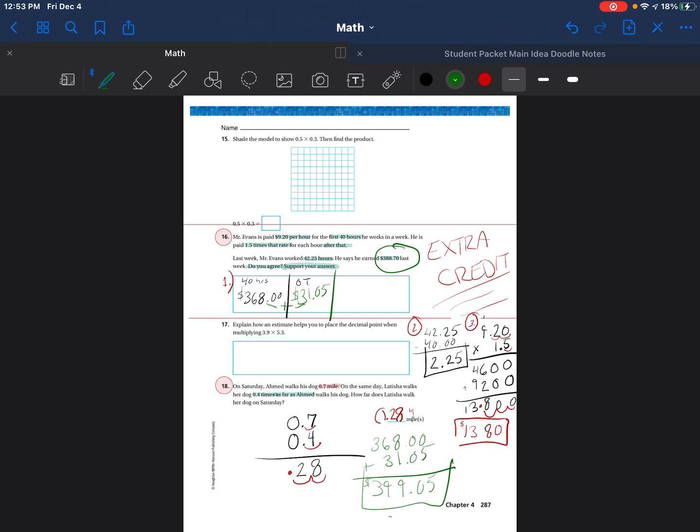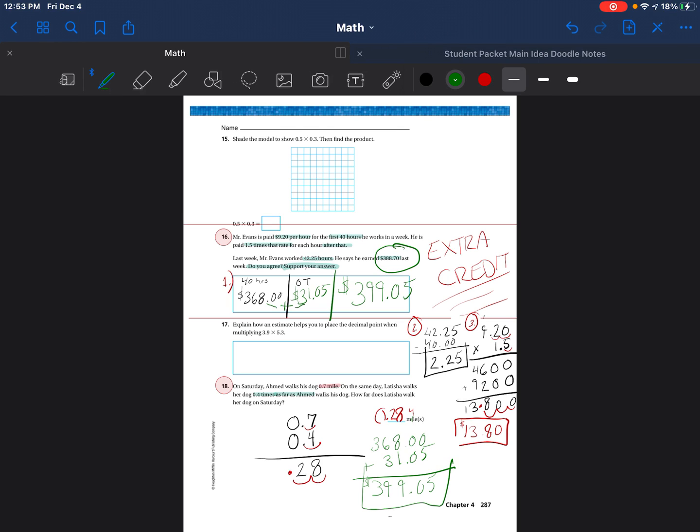So you would have to support your answer and give a good explanation on that. You could just simply say, I disagree. After I did the math, he actually earns $399.05. So it doesn't have to be very big and elaborate. Just say whether you agree or disagree and what the answer is.